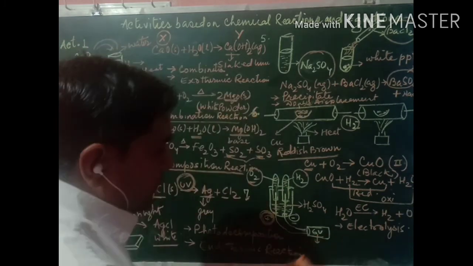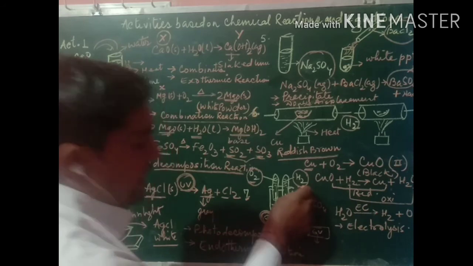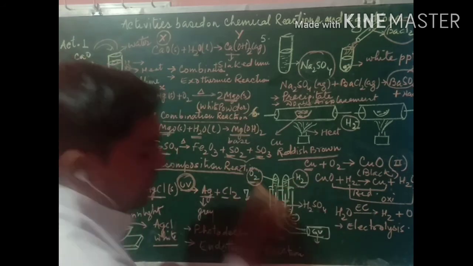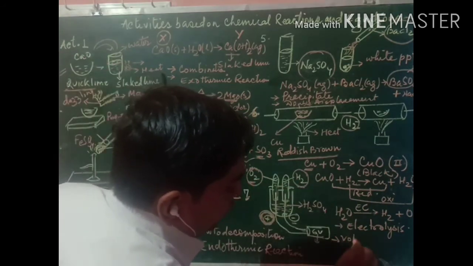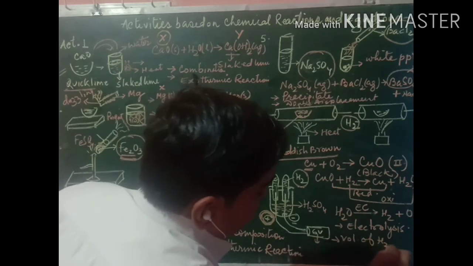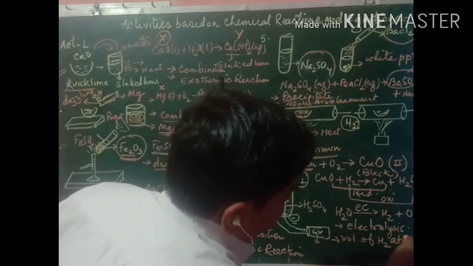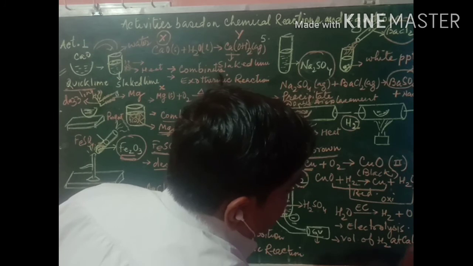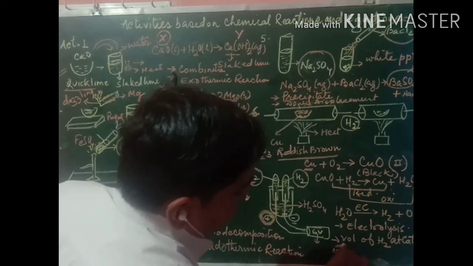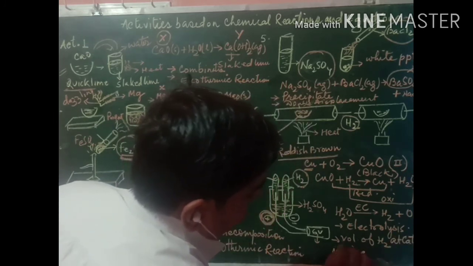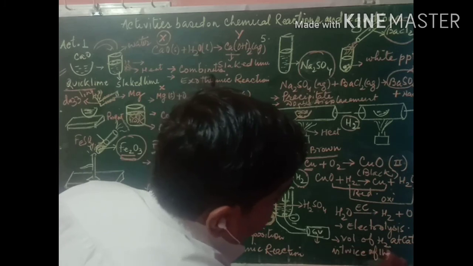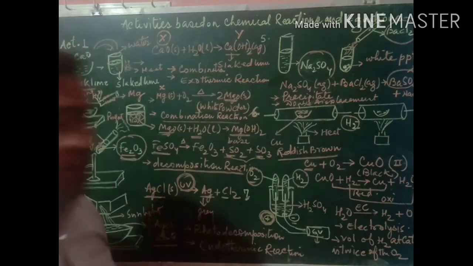The volume of hydrogen at the cathode, remember students, is twice that of the oxygen.